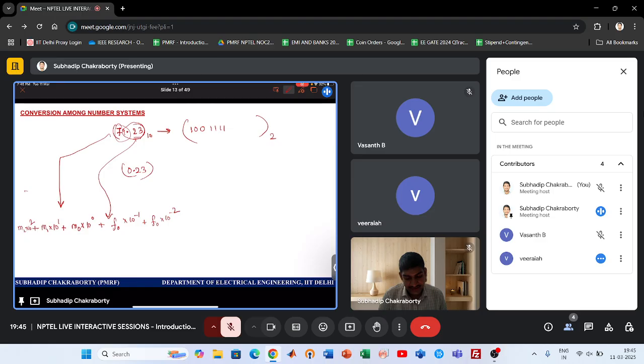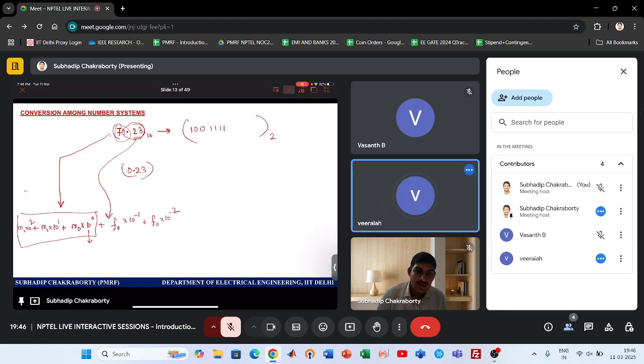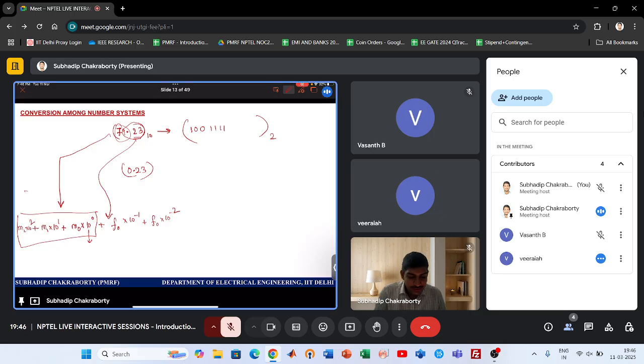So when you are going from decimal to the binary representation, what do you do? You divide by 2. Why are you continuously dividing by 2? You are trying to divide by 2 to get the strength of that bit. Why?